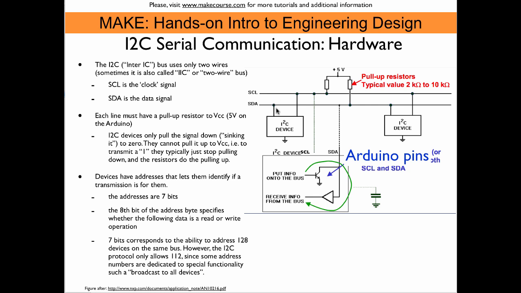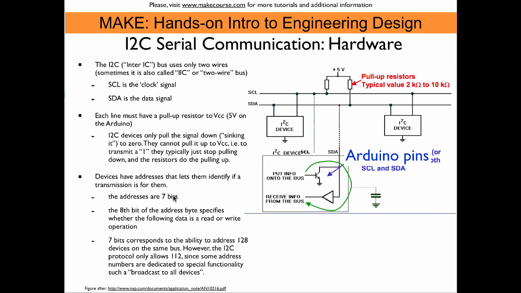Because we only have 2 wires, of course there needs to be a method by which we can address individual devices that are connected to this serial bus. And that is done via addresses. In the I2C protocol, all devices have a 7-bit address.